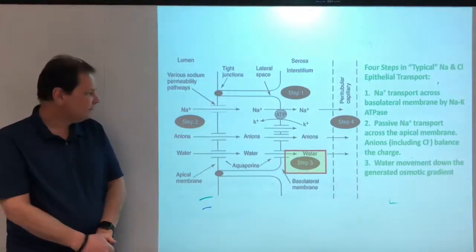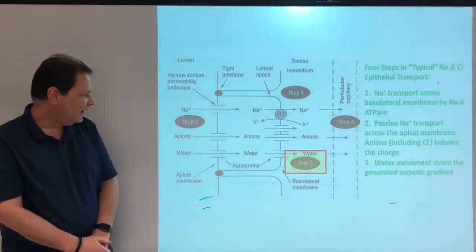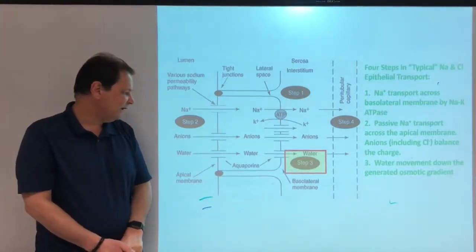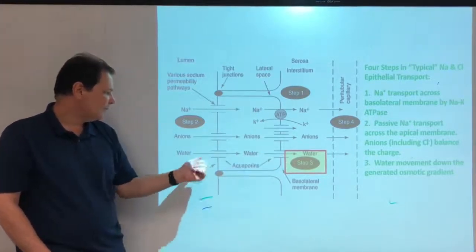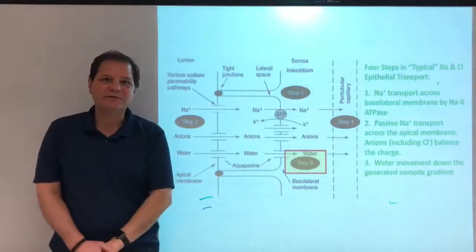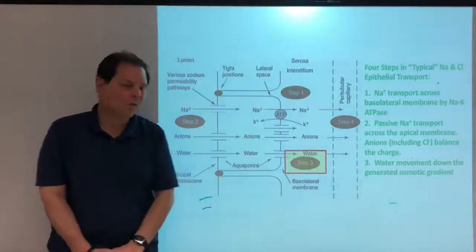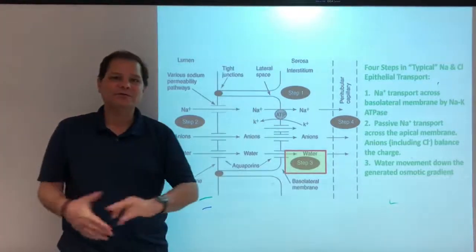Step 3 is water movement. And water can either take place through aquaporins, transcellularly, across both membranes, or it can take place through the tight junctions if they're not so tight, and they'll allow water to go through. And water follows your solutes.